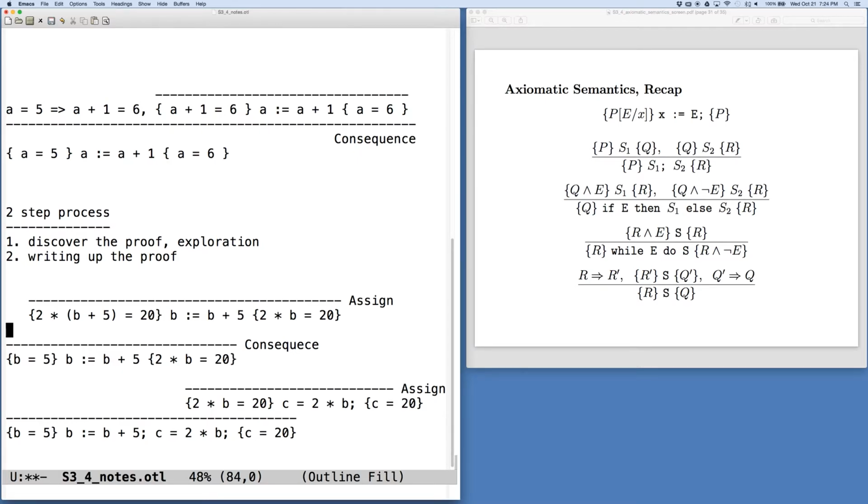So one implies the other, but we only care about the implication in one direction. All right, so in this case, we're trying to get an r, which is b equals 5. Right? And so if b is equal to 5, that certainly implies that 2 times (b plus 5) is equal to 20.